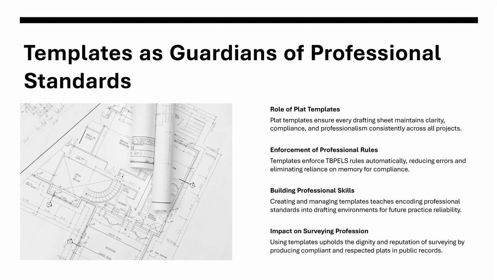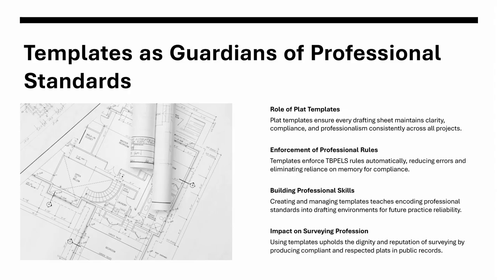For drafters, this manual should be both a guide and a safeguard. By following it, you ensure your work matches the firm's reputation. And for surveyors, it ensures that every plat carrying their seal reflects the same level of professionalism.